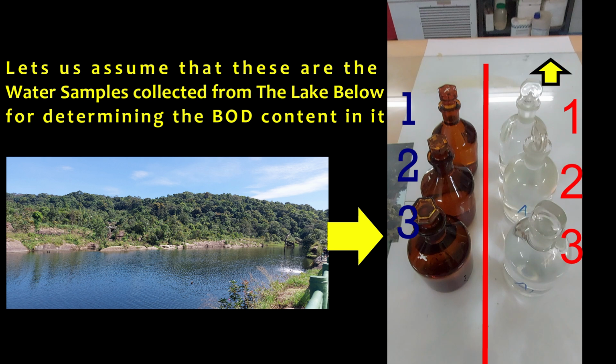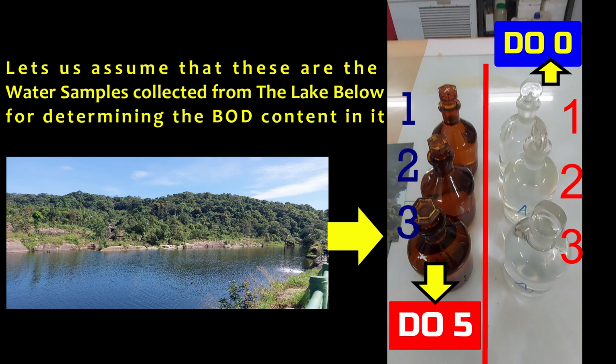The transparent BOD bottles will be used for determining the dissolved oxygen present on the day that the sample is collected, whereas the brown BOD bottles are meant for finding the dissolved oxygen content after the sample has been incubated for 5 days inside a BOD incubator.